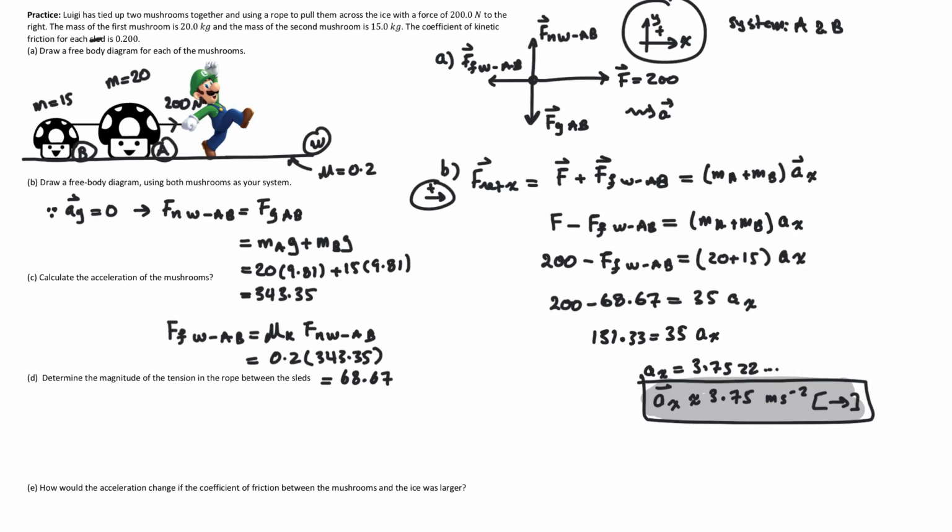I now just noticed that I completely forgot part A of this question, and this is part B, and this is part C, but that's okay. Now we need to determine the magnitude of the tension of the rope between the sleds. And we can definitely do that. We need a force diagram for one of these, either this or this.